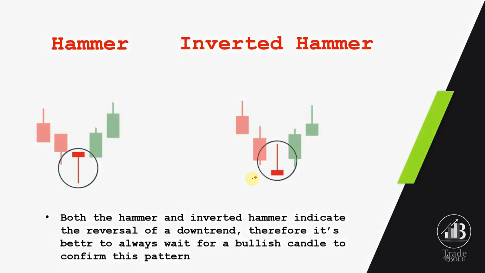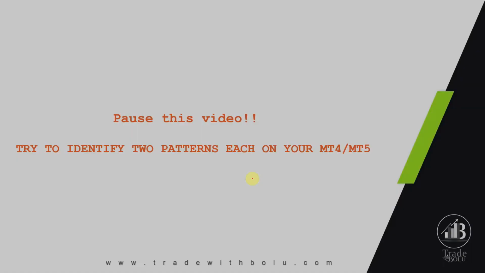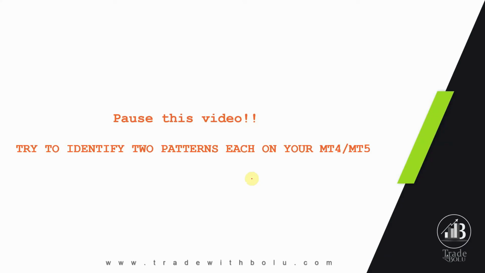There are many other candlestick patterns, but we decided to just discuss these because they are very popular. You will have the tendency of seeing this more and more, easily identifying this more and more on your chart as you trade the market. So that's super important, guys. Pause this video, check it out, and then come back to continue the video.